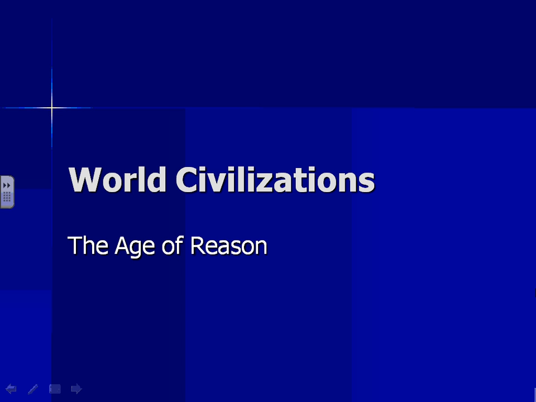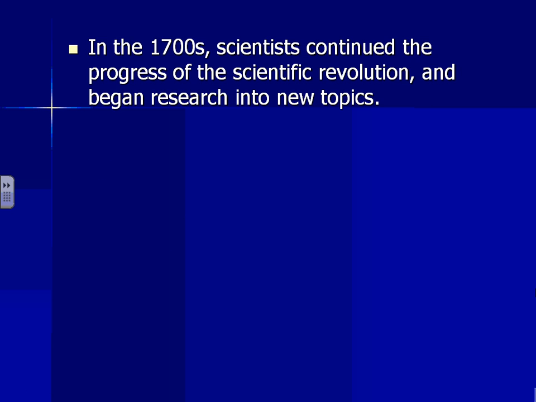Pretty much all of the major changes that make up the modern world are going to have their seeds planted during this age. It's a continuation of the scientific revolution that we saw begun during the Renaissance. We're going to carry new ideas and create new thinking that are going to begin changing the way we look at the very universe itself. So no big deal. I'll get to those later.